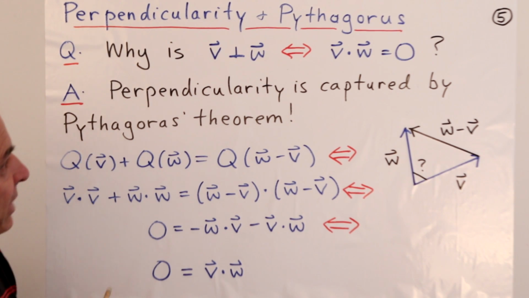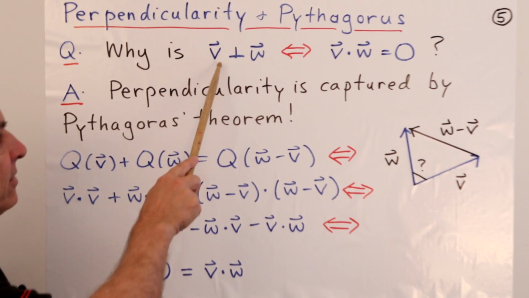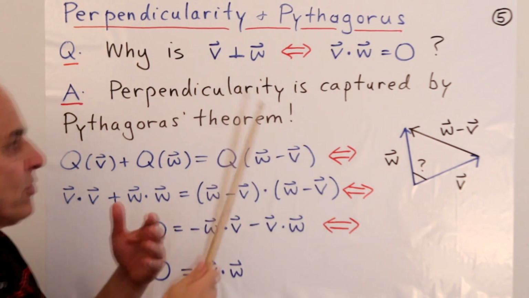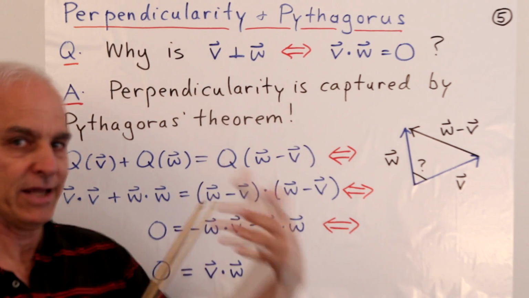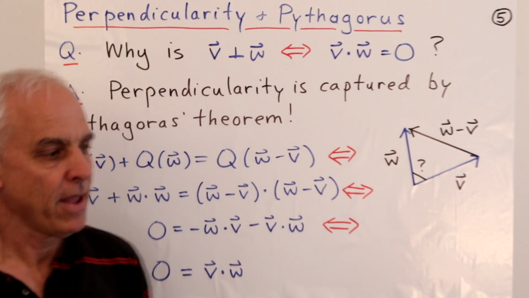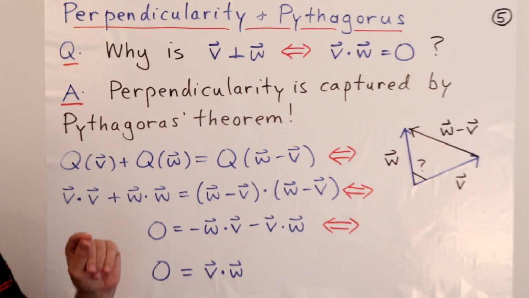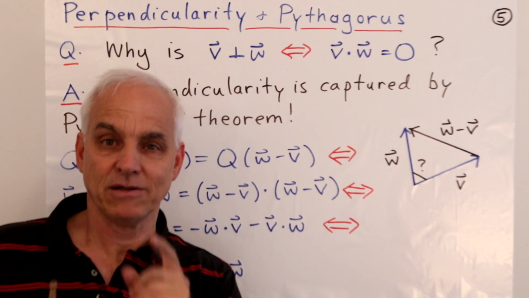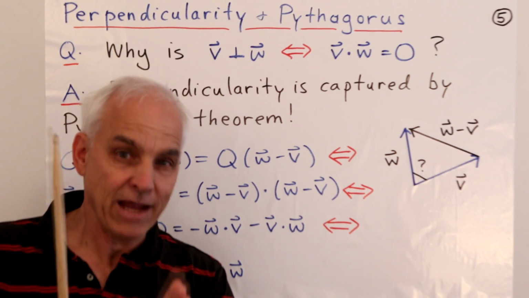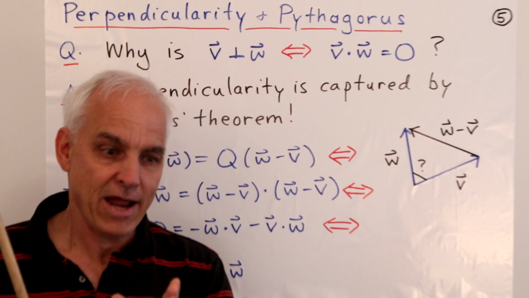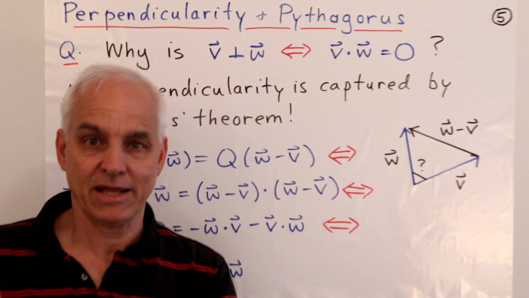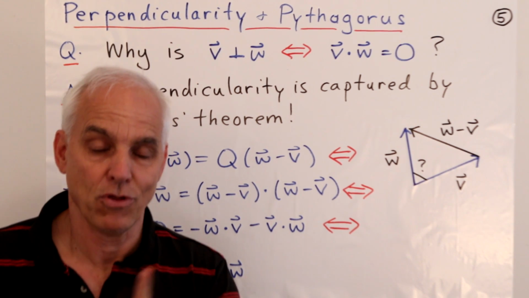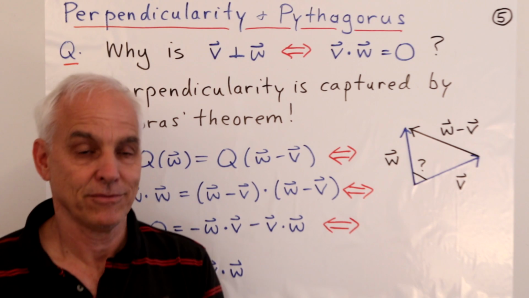So we can legitimately ask, why is it that we define perpendicularity via the dot product? Or in other words, why are these two things really equivalent? And the key is to understand that perpendicularity is a classical concept that really goes back to Pythagoras. It's Pythagoras' theorem that controls perpendicularity, or allows us to identify perpendicularity, going all the way back to Euclid, of course, and earlier.